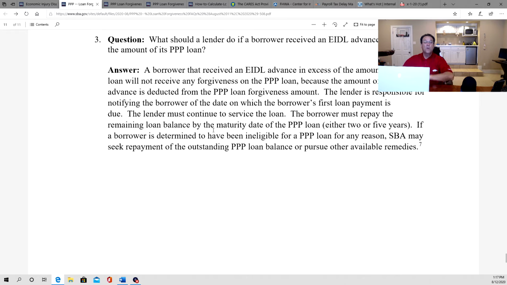So what this is saying is if you had an advance of $10,000, you later got a PPP loan of $8,000. Since the $10,000 is, by guidance here, deducted from the PPP loan, the entire PPP loan that you would have received is still a loan. So the borrower is going to have to pay that back.